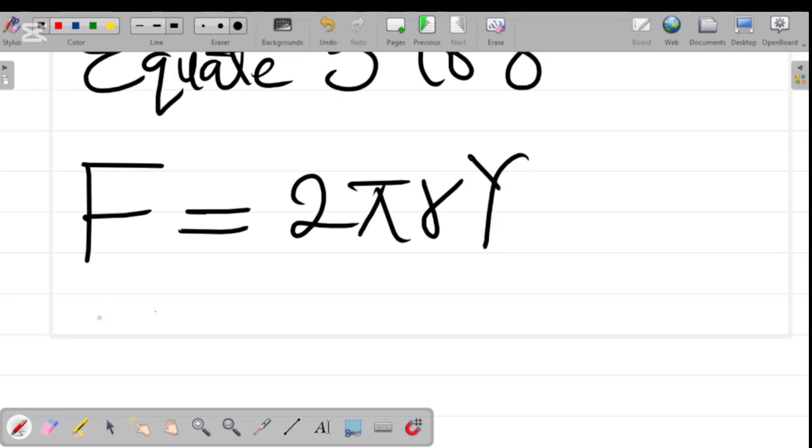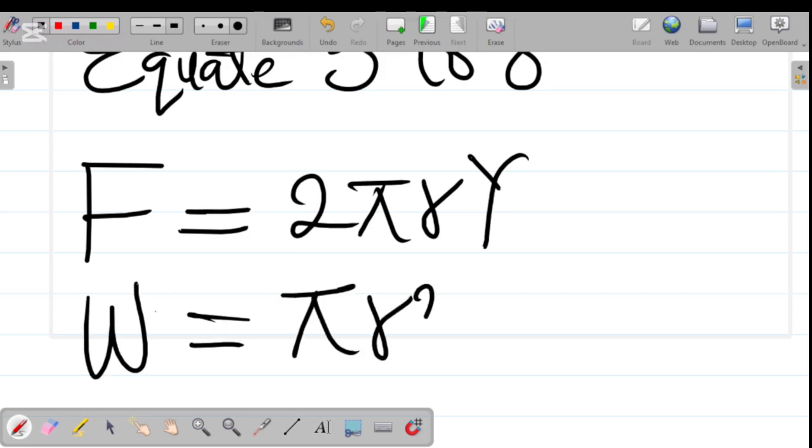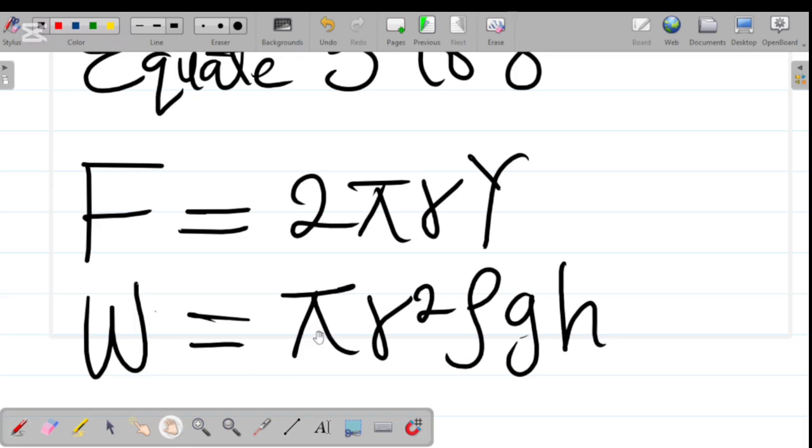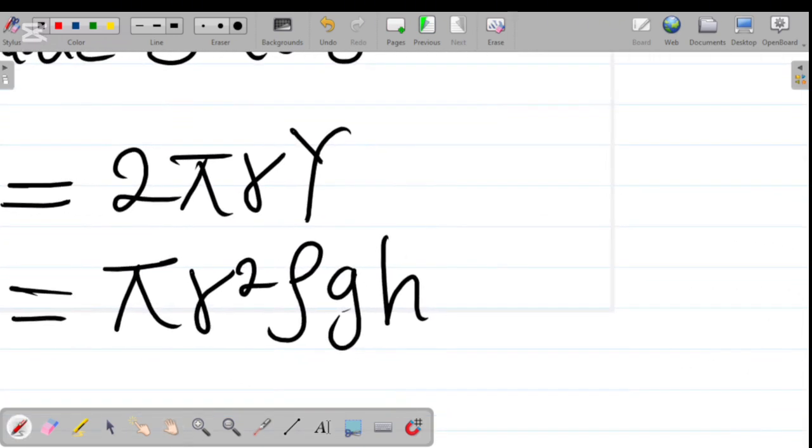And then equation 8 is W is equal to pi r squared rho GH.